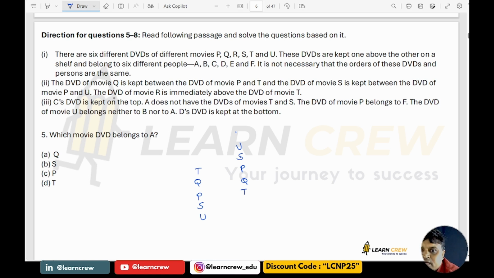Next, the DVD of movie R is immediately above the DVD of movie T. So it is not satisfying because immediately above T you have Q. So I can say this is incorrect. Now I can say the DVD of movie R is immediately above the DVD of movie T. So it is satisfying.